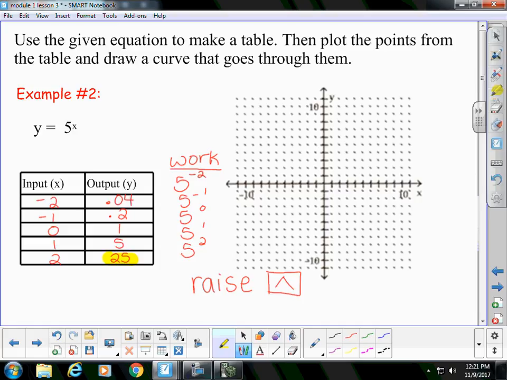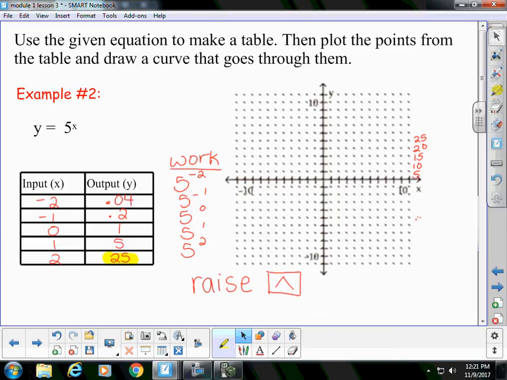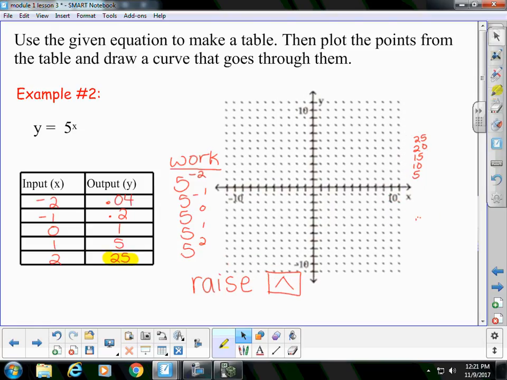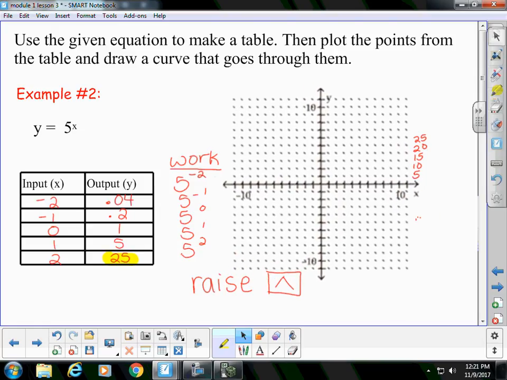If I counted by 2s, that would go up to 20. How about I count by 5s? So for example, I'm going to count this one as 5, and then 10, 15, 20, 25. My recommendation would be to write the numbers on the far right or far left of the graph so you can see them clearly.